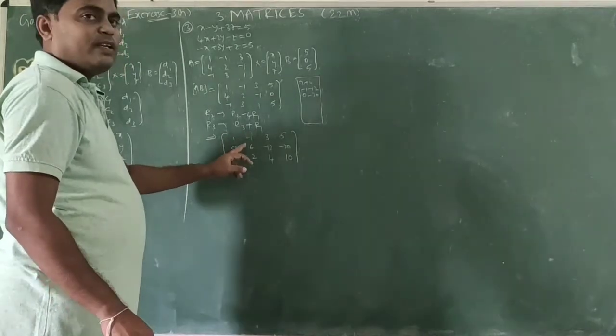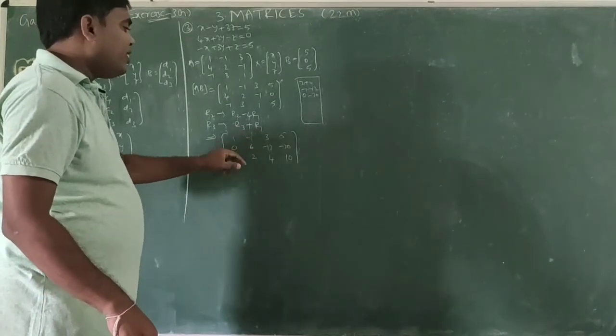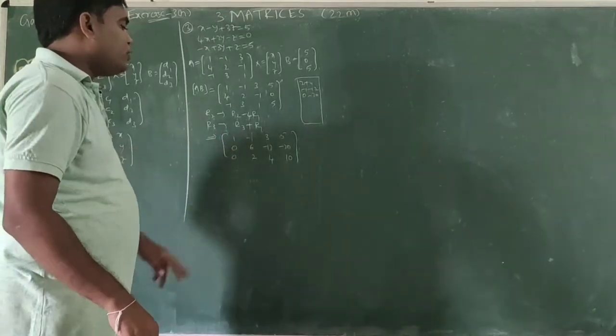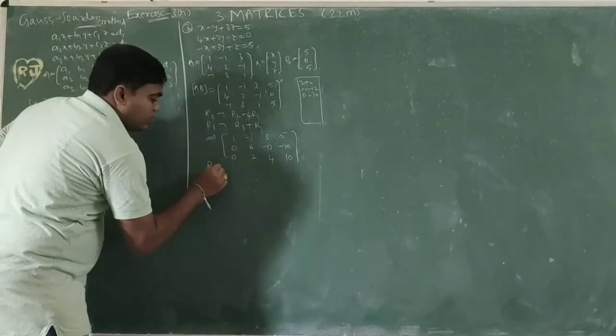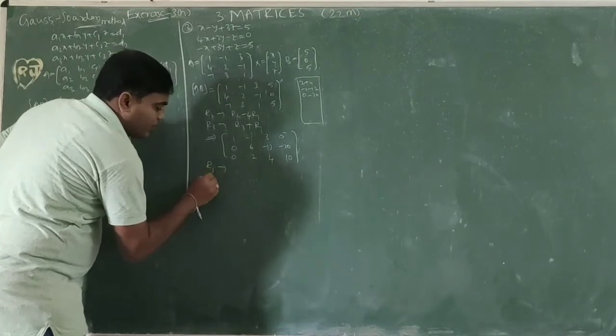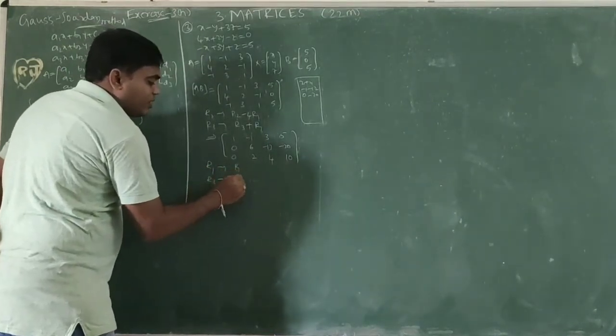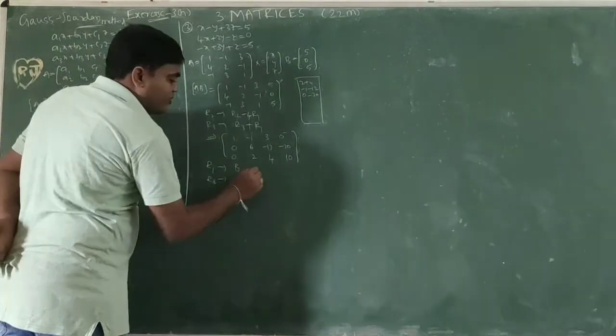Next we should take the second column. If we take the second column, the diagonal element is 6. Other than 6, the remaining two should be 0. R1 changes and R3 changes, compulsorily with the help of R2.